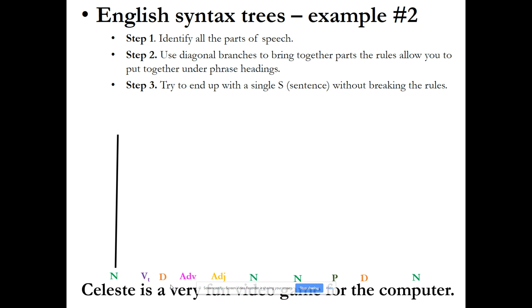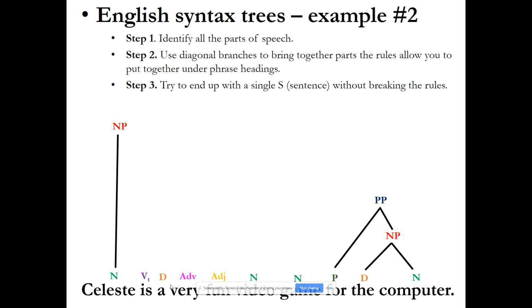This noun by itself can function as a noun phrase. And then I want to look at the end, the computer. Determiner, noun, that can be a noun phrase. Oh, hey, look, there's a preposition directly before it. Remember, our phrase structure rules say that a preposition plus a noun phrase is a prepositional phrase, right? So there it is. We have a prepositional phrase.